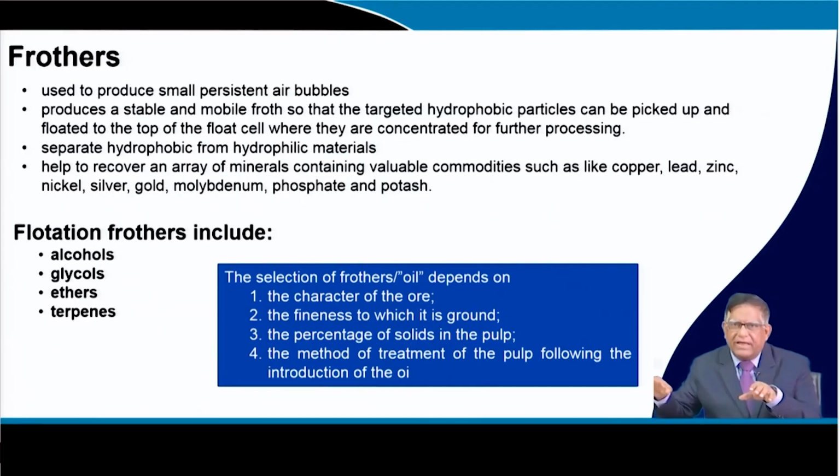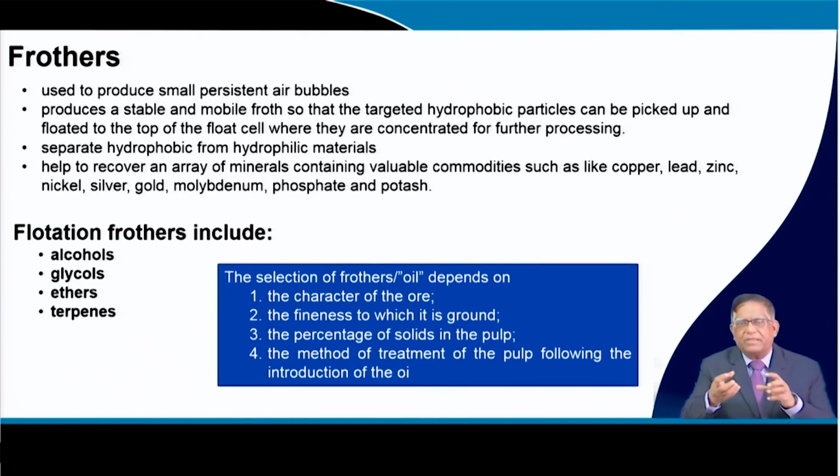While flowing, there will be bubble to bubble interactions, and all the time new bubbles are coming. At that time, to maintain that mobility without collapsing, you will have to add some materials, which are called frothers.